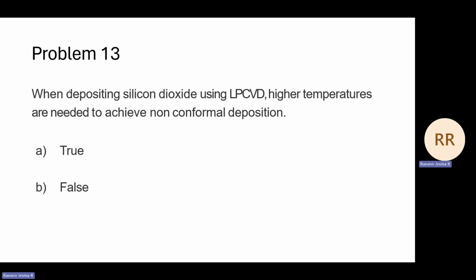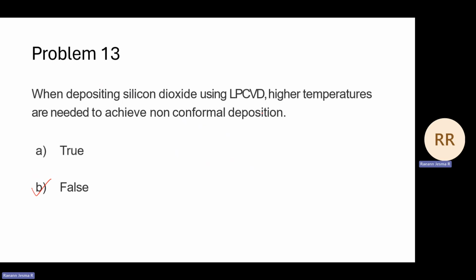So next is problem 13. When depositing silicon dioxide using LPCVD, higher temperatures are needed to achieve non-conformal deposition. Is this true or false? Okay, so it's not true, it is false.